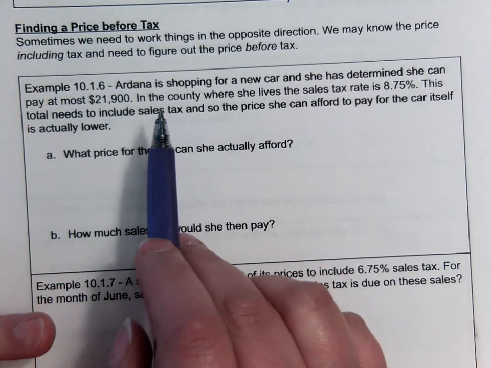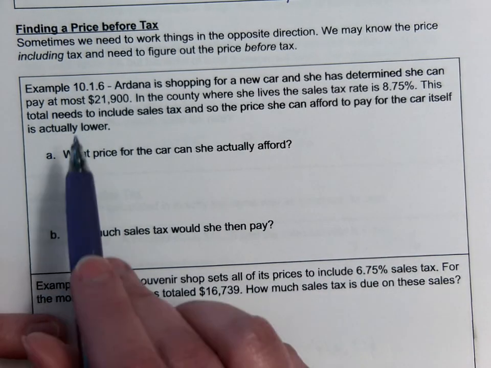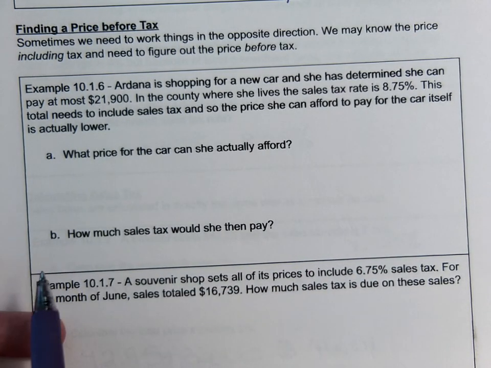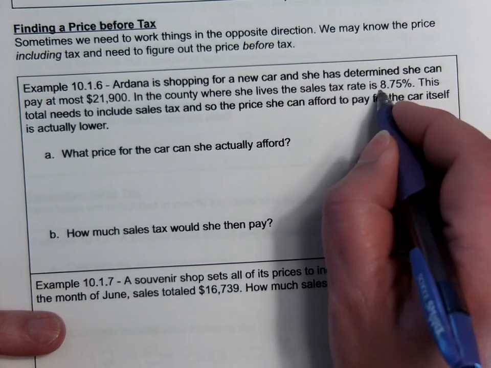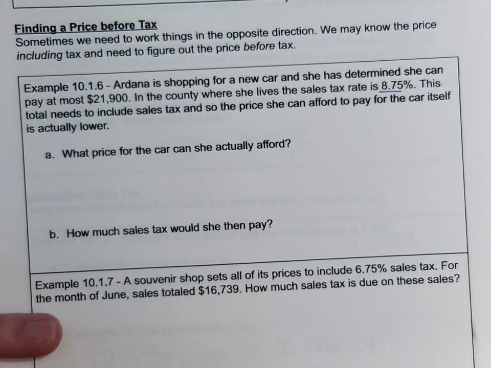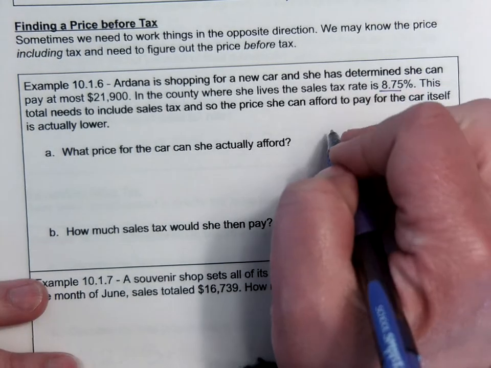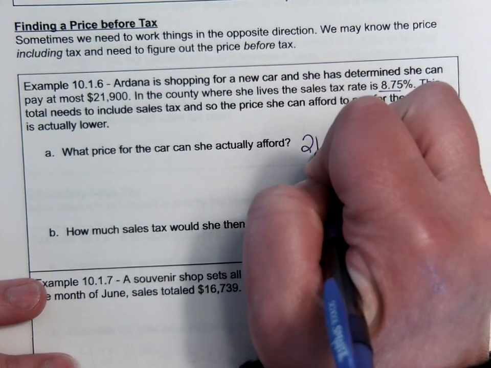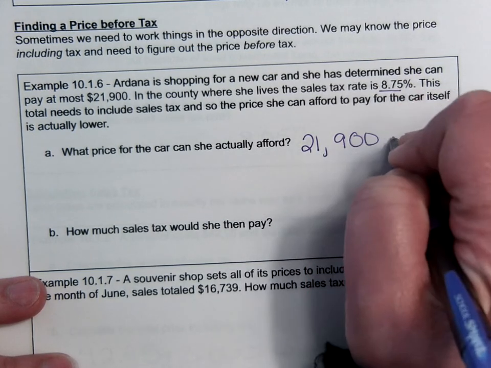All right. So Ardana is shopping for a new car, and she has determined that she can pay at most $21,900. In the county where she lives, the sales tax rate is 8.75%. This total needs to include sales tax, and so the price she can afford to pay for the car itself is actually lower. So what's the price of the car she can actually afford? The price that she can pay at most is $21,900.